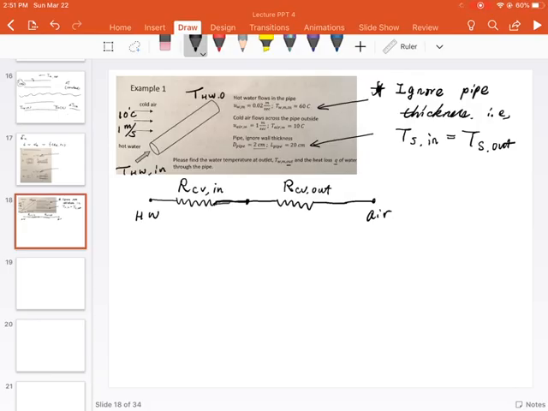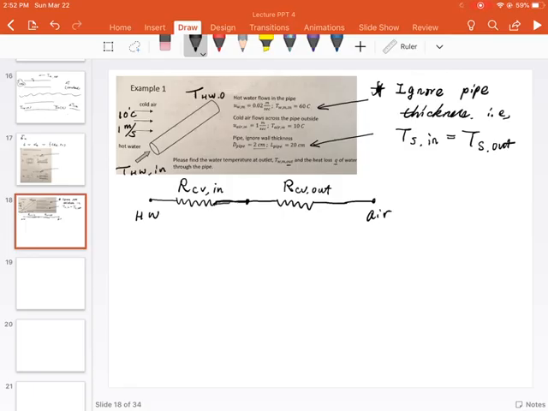If we cannot ignore this thickness, then we will have 3 resistances. And in order to calculate the conduction resistance of the pipe, it will be cylindrical coordinates. It will also require the material property of the pipe itself, either copper or stainless steel or iron or whatever it is. We need the conduction coefficient of that pipe material.